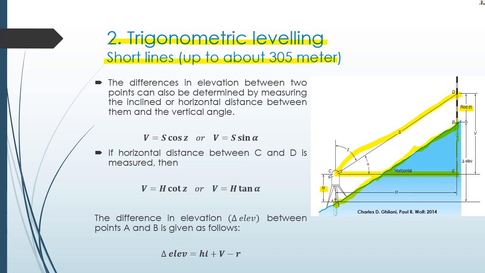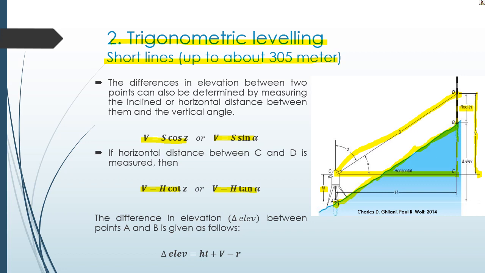So from the relationship of a right triangle, we can easily determine the vertical distance from the telescope level to point D. So now V can be easily determined from one of the formulas here, either from the slope distance and the vertical angles Z or alpha.